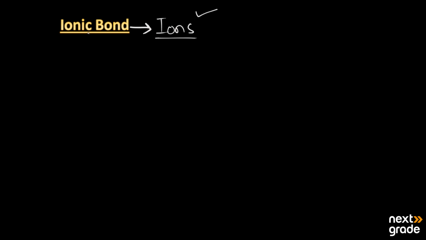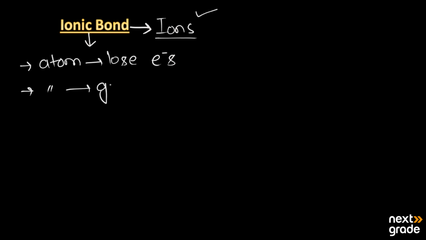Basically, an ionic bond is formed when one atom is going to lose electrons and the other atom is going to gain these electrons. When an atom loses electrons, it is converted into a cation, and when an atom gains electrons, it is converted into an anion.